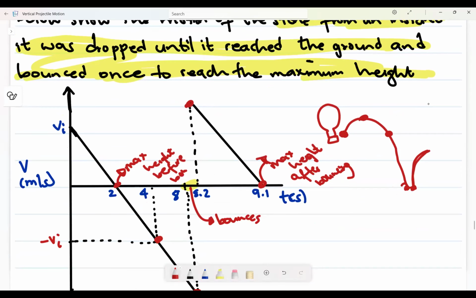It will keep that velocity until it reaches the maximum height, and then it moves downwards. So the velocity here is 8.6. Why? Because the initial velocity is the same as the speed of the hot air balloon. So here it will just be the negative of that.